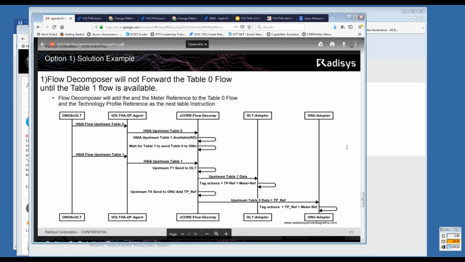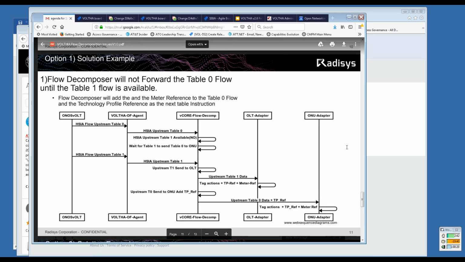Sean, sorry, just a quick question. Is there a relationship between table 0 and table 1? For example, suppose we go with option 1. Is there some ID, something that, when table 1 is received, tells it that it needs to refer to the previous flows in table 0?